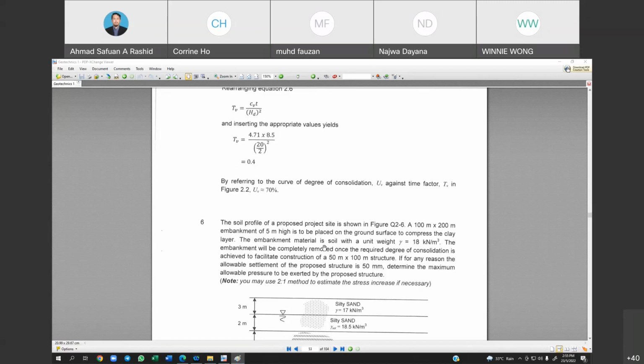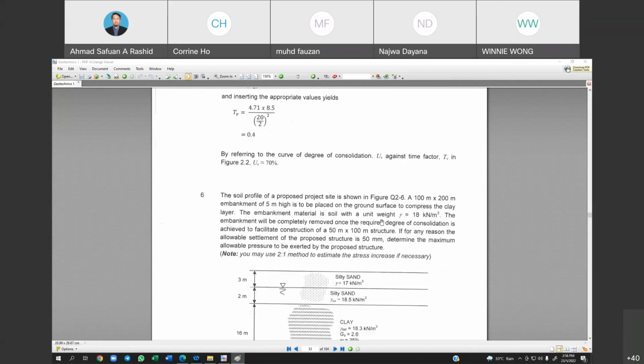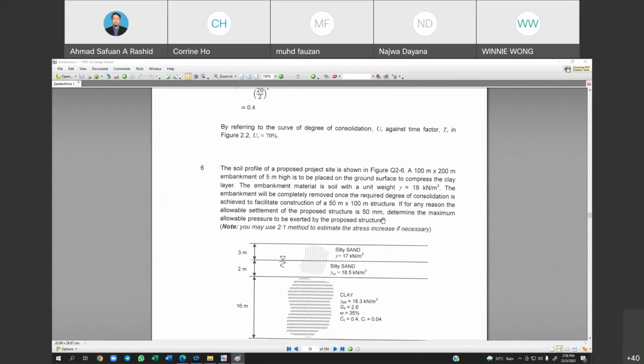So the soil profile of a proposed project site is shown in figure Q2-6. A 100-meter times 200-meter embankment of 5-meter height is to be placed on the ground surface to compress the clay layer.